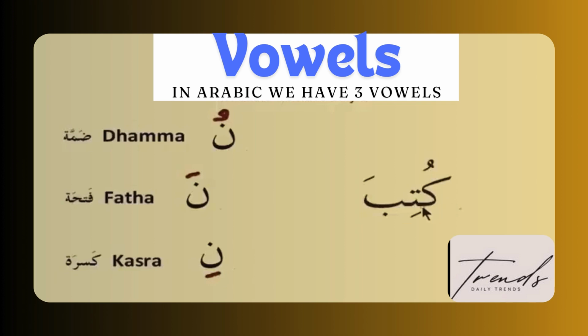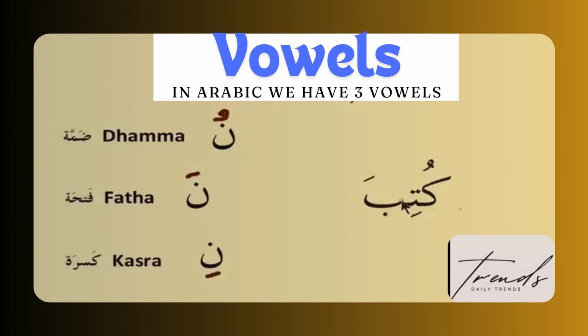So we have this is a kaf, so it has a k sound, and on top of it is a dhamma, so there's an u sound. So that would be ku. Then we have the ta with a kasra, so that would be ti. So ku ti.